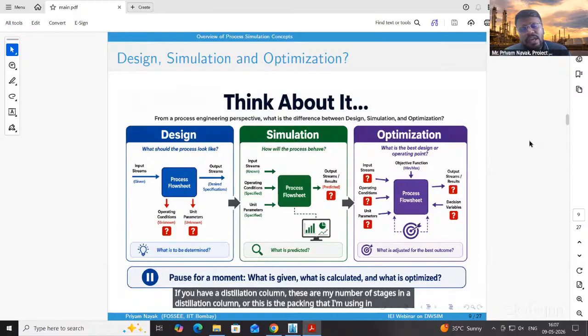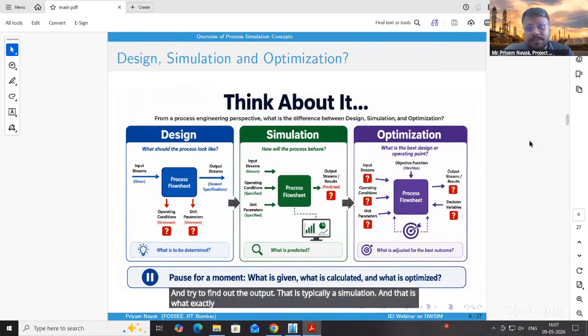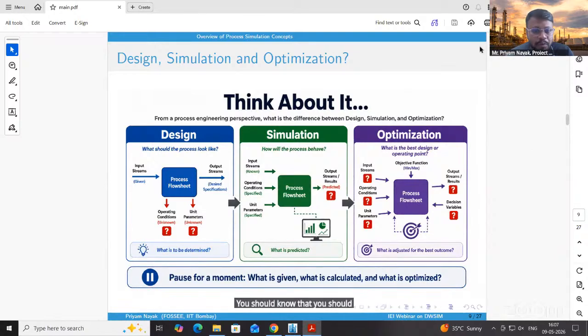You have all this information with you, and then you put it in a software and try to find out the output. That is typically a simulation, and that is exactly what these softwares, DWSIM, Aspen Plus, Aspen HYSYS, are supposed to do. They are not built for design purposes, they are built for simulation purposes. Therefore, when you come to a simulation software, DWSIM or Aspen Plus for that matter, you should have these inputs in hand first if you want to use this software.